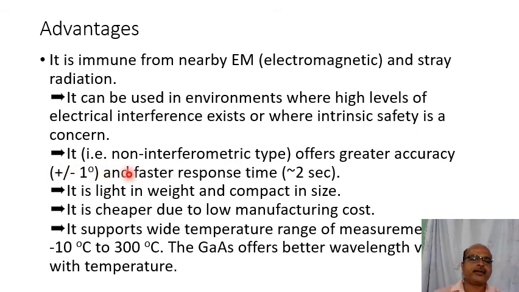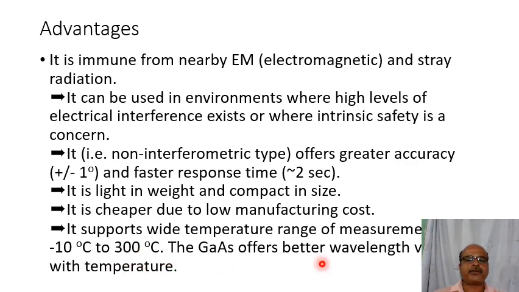It is a non-interferometric type, offers greater accuracy and faster response time, nearly equal to 2 seconds. It is light in weight and compact in size. It is cheaper due to low manufacturing cost. It supports a wide temperature measurement range, minus 10 degrees centigrade to 300 degrees centigrade.